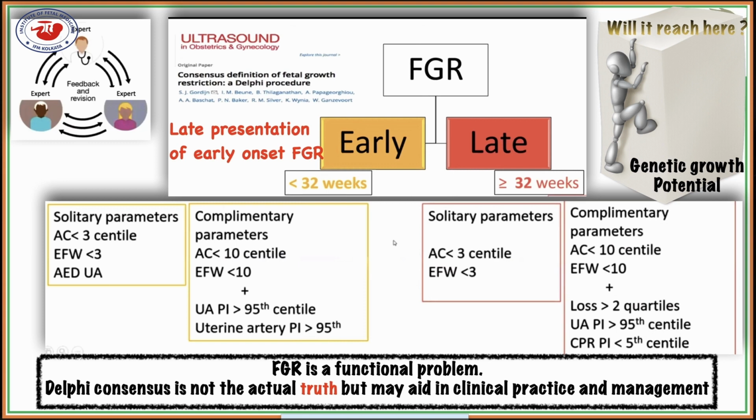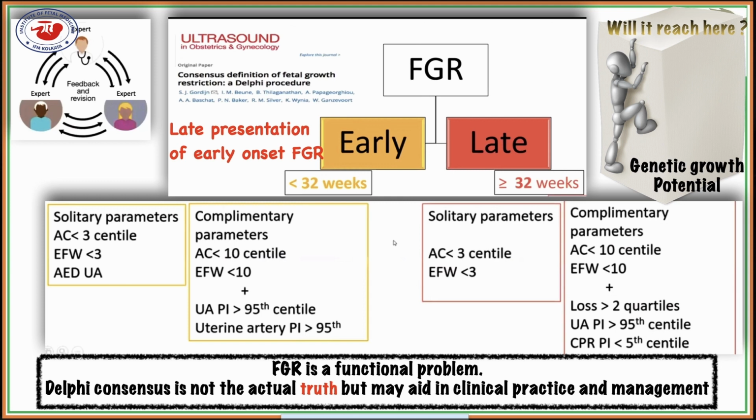Now, how many of this you need to prove it is early onset FGR? There are 1, 2, 3, 4. So out of 4, how many you need? You need 2. Okay? So these are like major criteria, minor criteria kind of thing. Here even 1 is sufficient, but here you need 2. And this is the solitary parameters, and these are the complementary parameters for the late onset FGR.